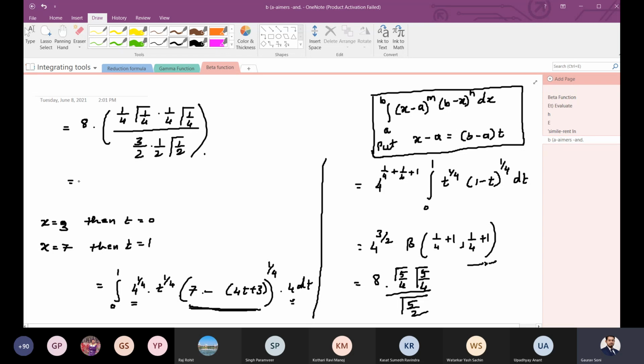So we can simplify this ahead. The 4 and 1/4 will get cancelled out. This will turn out to be 2, so 2 upon 3. This gamma of half will turn out to be root pi. For 1/4 we cannot do anything, so I will write this as gamma of 1/4 squared.